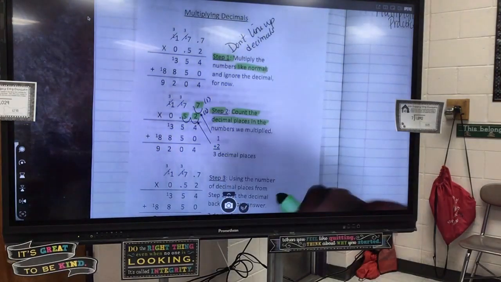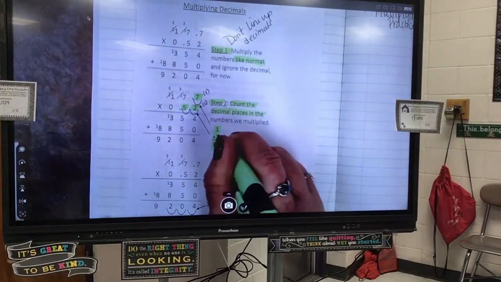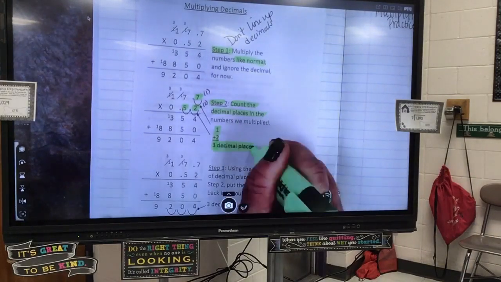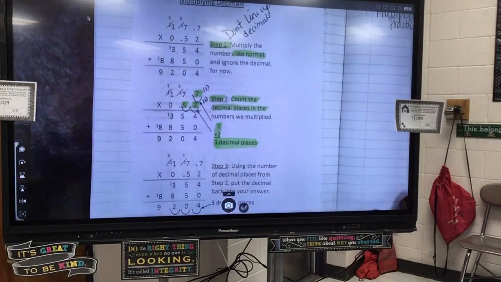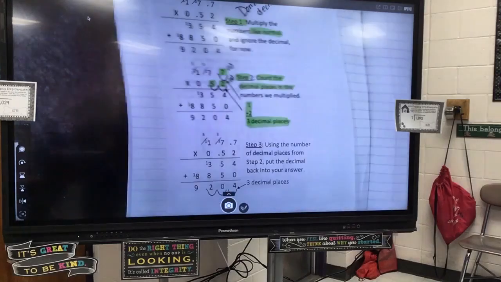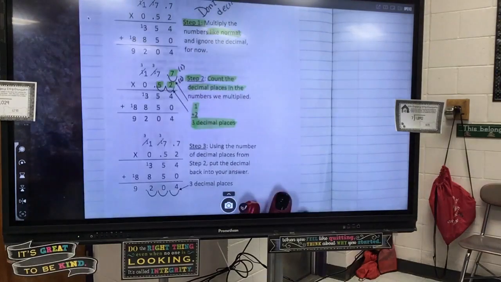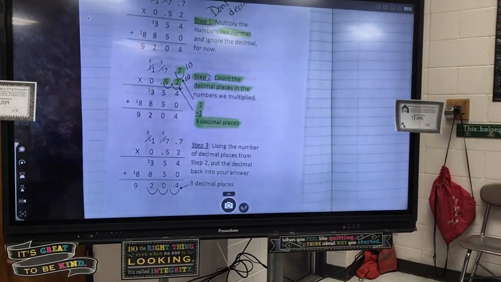I do this little step all in parentheses next to my work. You don't have to, but I highly recommend that you make some kind of notation outside of your problem so that you know how many decimal places you're going to end up moving back into your answer.